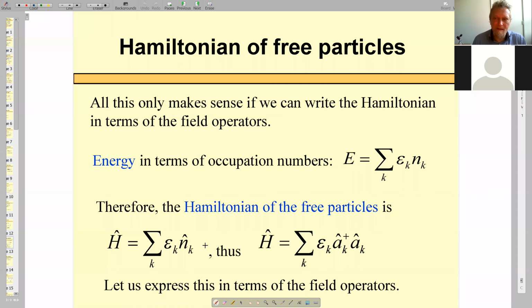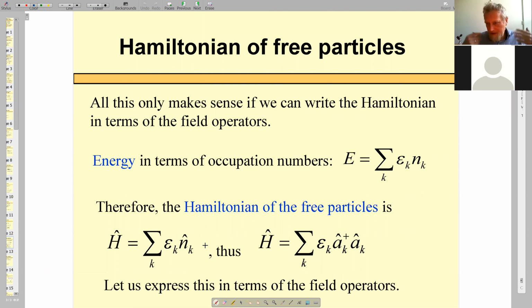Anything which is useful should be related to the Hamiltonian, because the Hamiltonian is the operator which governs quantum dynamics of the system. It defines all states and properties of the quantum system. So we want to have the Hamiltonian in terms of creation and annihilation operators.